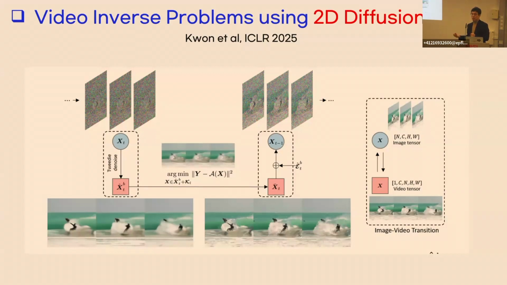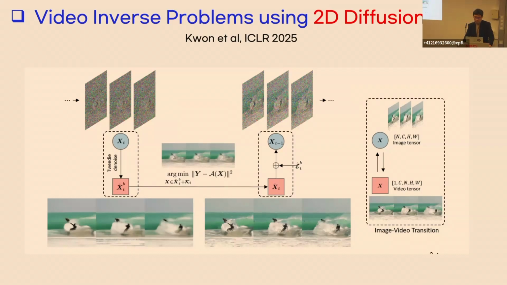But there are not that many good, publicly available video diffusion models, and it's also very computationally expensive. So the idea here is: can you use a 2D diffusion model to solve the video problem? In this paper we demonstrate it's possible, and the idea is exactly the same as we showed before, using the DDS algorithm in the Krylov subspace.